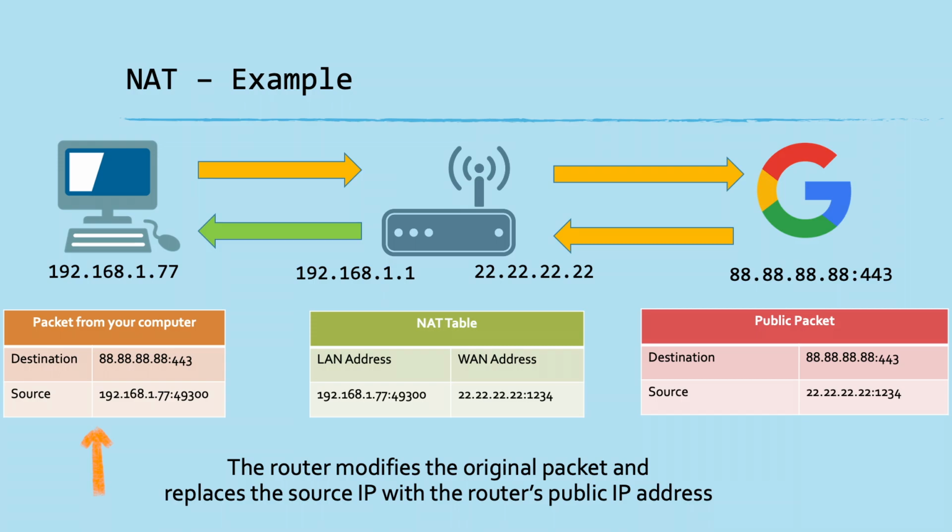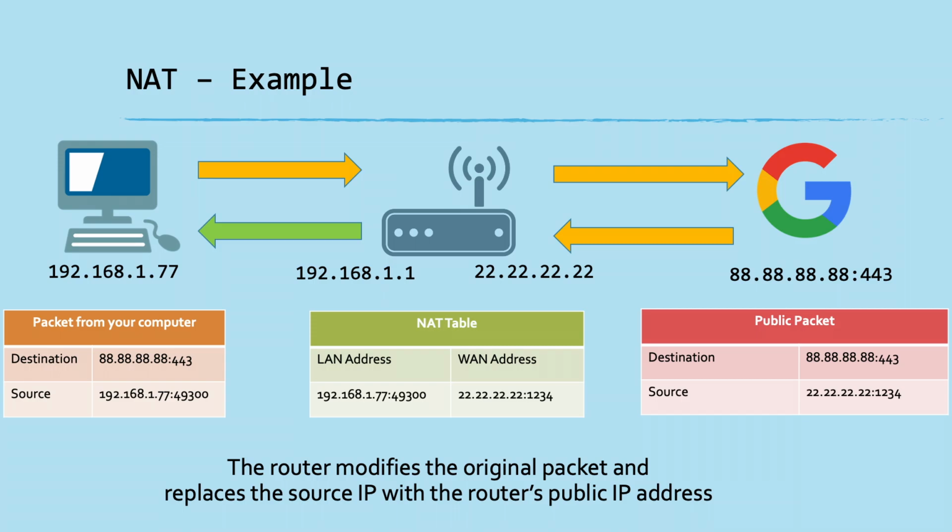And we put the source, which is our computer, .77. And we open up a random dynamic port. It can be any port, but in this case, we're going to use 49300. Not super important, but we need to open up a dynamic port so we can get a response. Data can only be transferred to open ports. So if we don't have a port open, we can't receive any data.